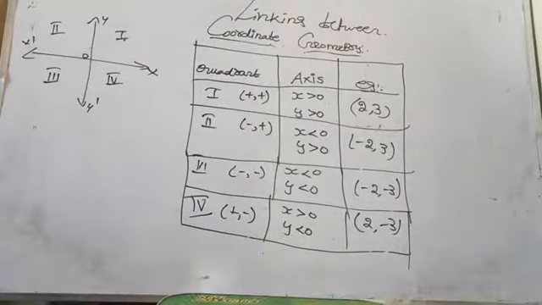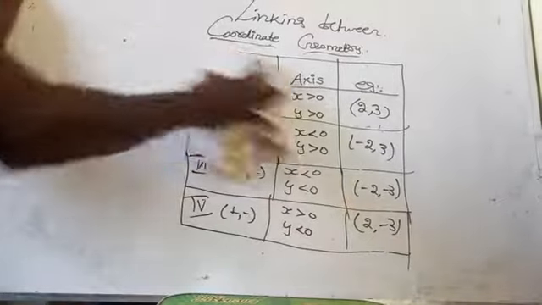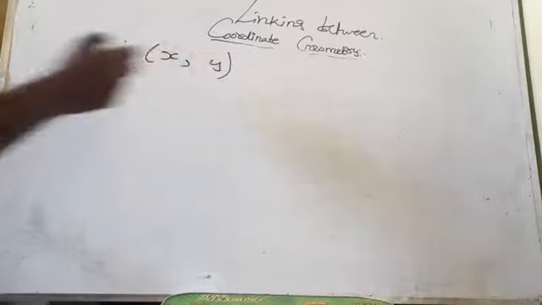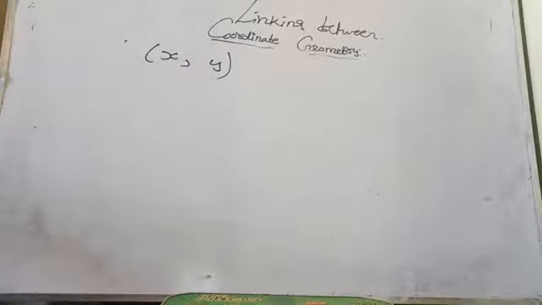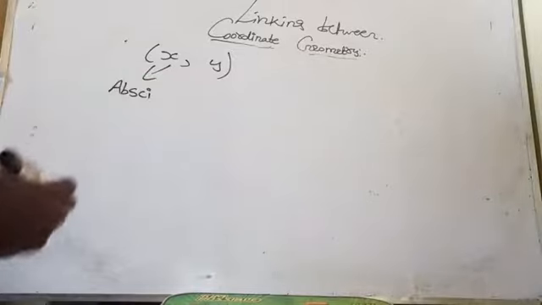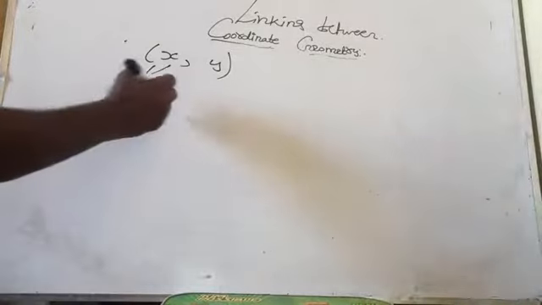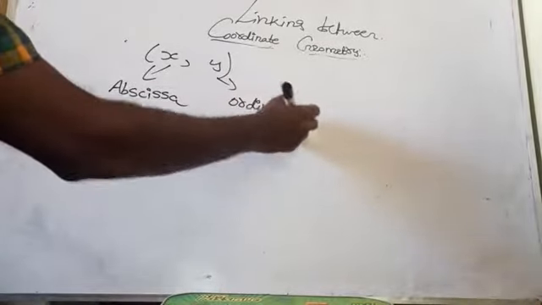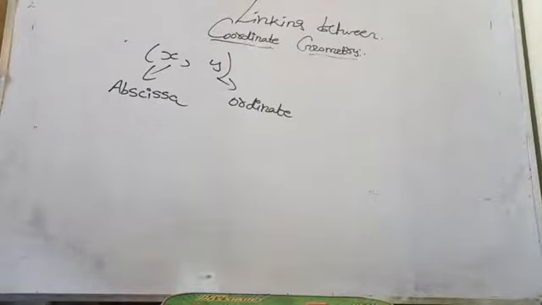So how can we write a coordinate? It is enclosed within brackets like (x, y). In this, x is called the abscissa, and y is called the ordinate. The horizontal value is called the abscissa, and the vertical value is called the ordinate.